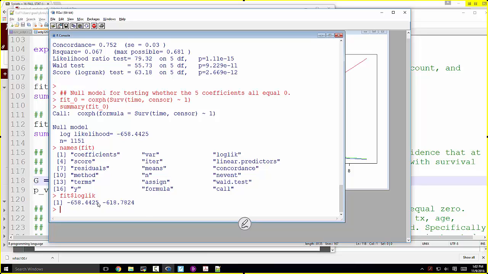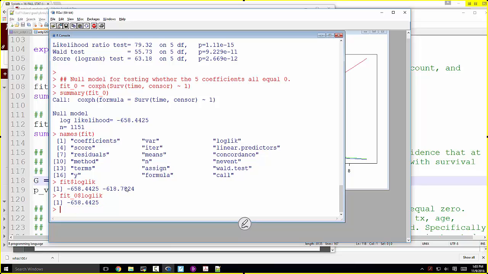I think this has both the log likelihood for the fitted model and the null model already in there. Fit$loglik, I think this is the log likelihood for the unrestricted model, and that is the log likelihood for when everything's been taken out.